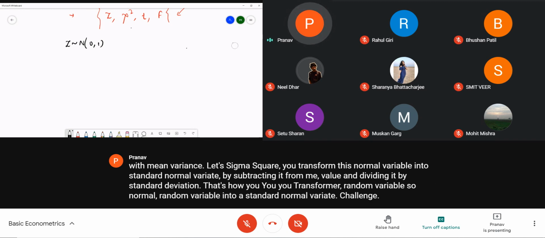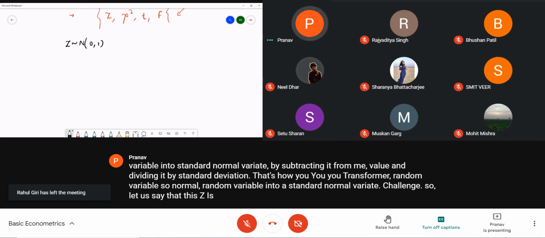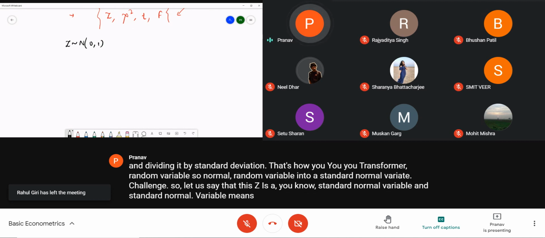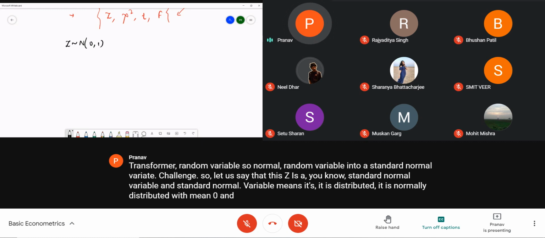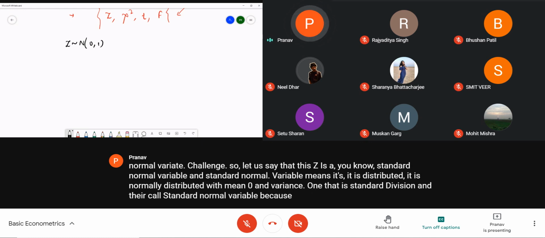So let us say that this Z is a standard normal variable, and standard normal variable means it is normally distributed with mean 0 and variance 1, that is standard deviation 1, and they are called standard normal variable because they are expressed in standard deviation units.